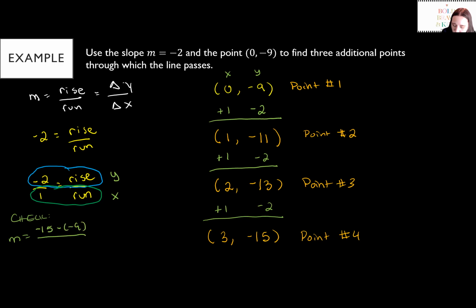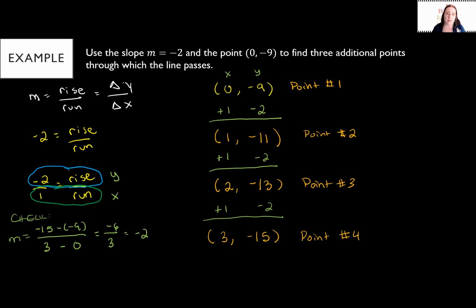And then we've got an X value of 3 and then X value of 0. So -15 minus a -9 is -15 plus 9. I don't have a lot of space here, so I'm just going to do that. So that gives us -6. 3 minus 0 is 3. And then -6 divided by 3 is -2. So we got our slope of -2.